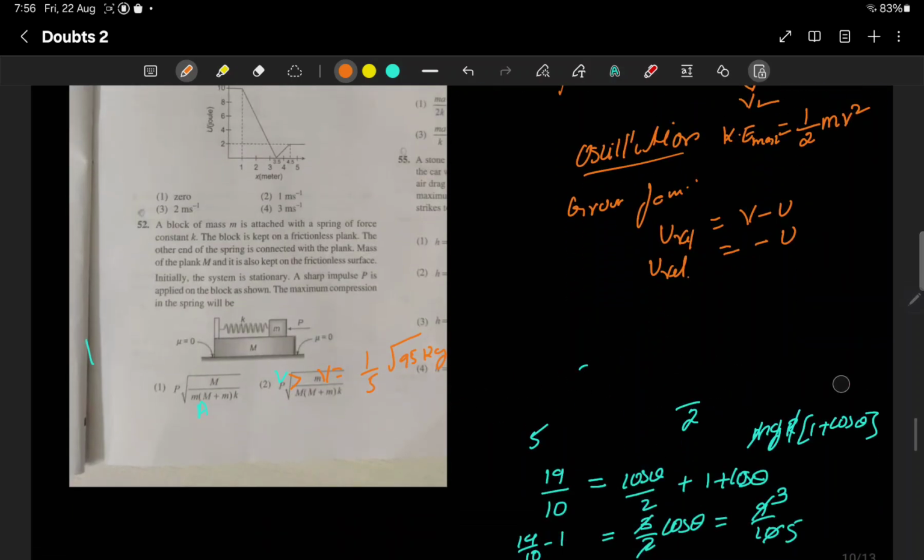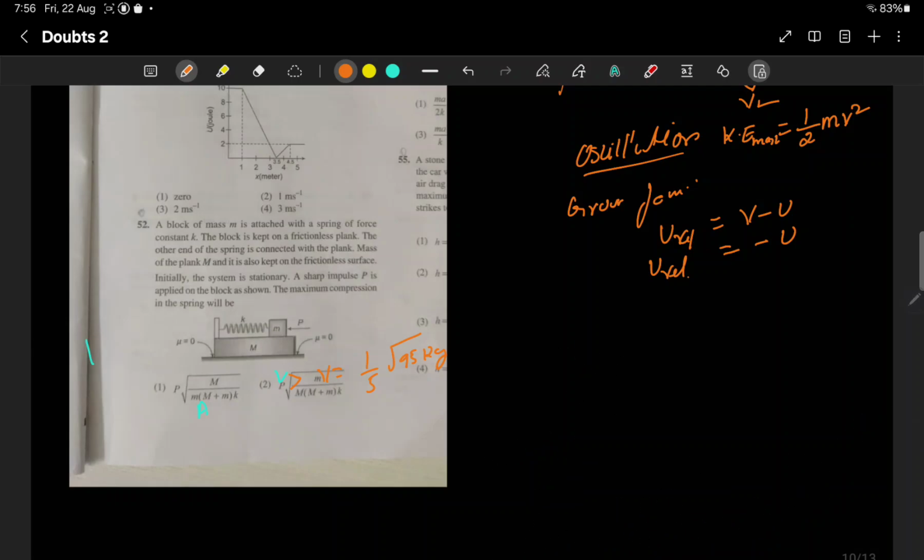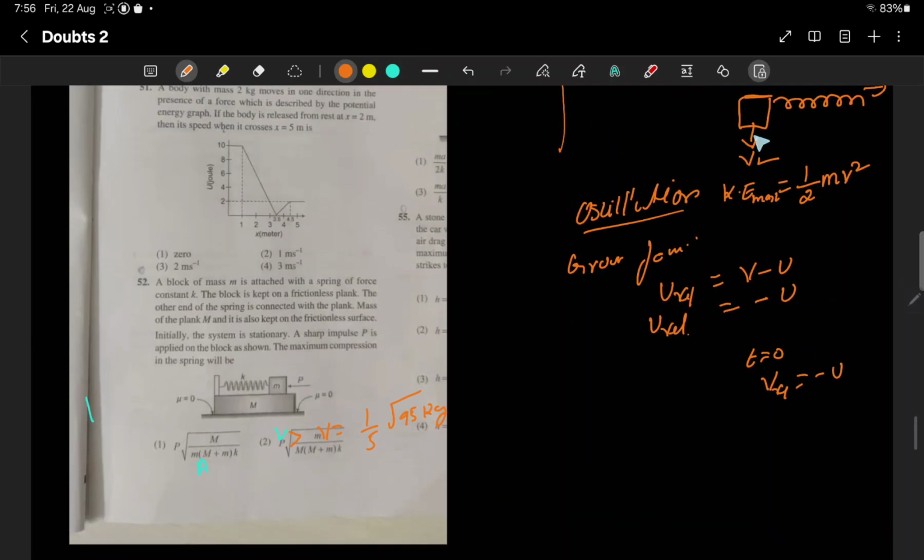One second, I'll erase this. So the relative velocity of the block with respect to the spring is this. When it starts motion, this velocity will be increasing. Initially when time t is equal to 0, your relative velocity is minus u, but after some time this relative velocity is going to increase.